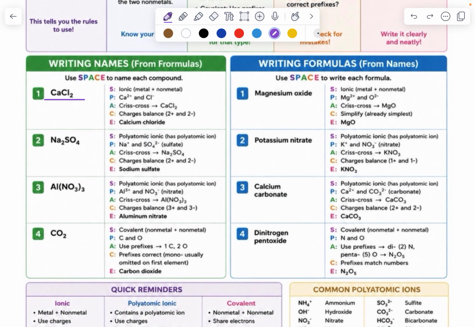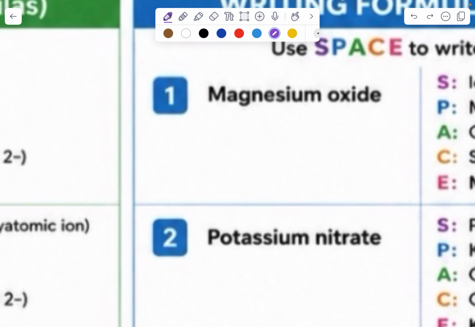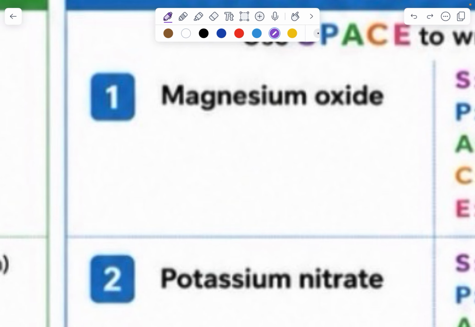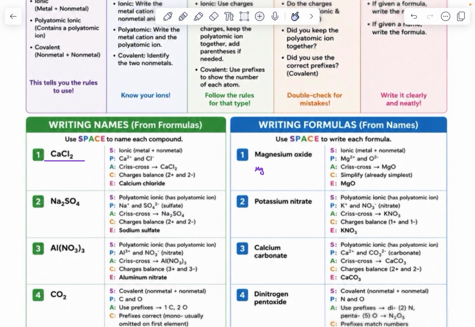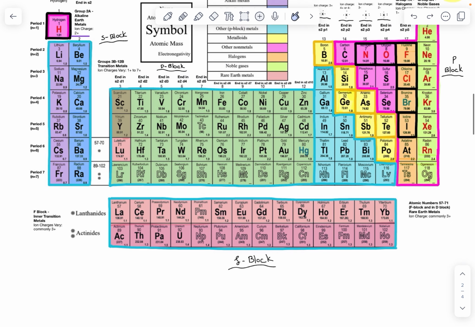Now let's do a deeper dive into writing formulas. This is often where students have a few difficulties. So let's say we're doing magnesium oxide, okay? I'm just going to zoom into magnesium oxide. So looking at the periodic table, what's the charge on magnesium and what's the charge on oxygen? Remember, the "ide" is just for the naming. Let's go up here and look.